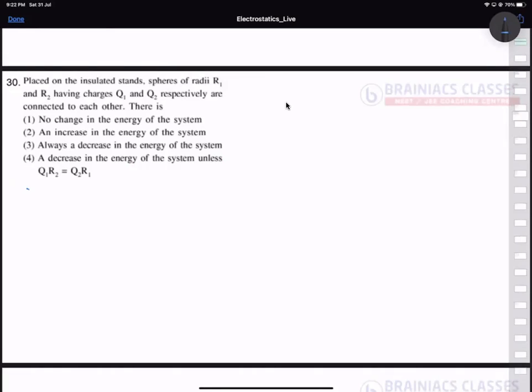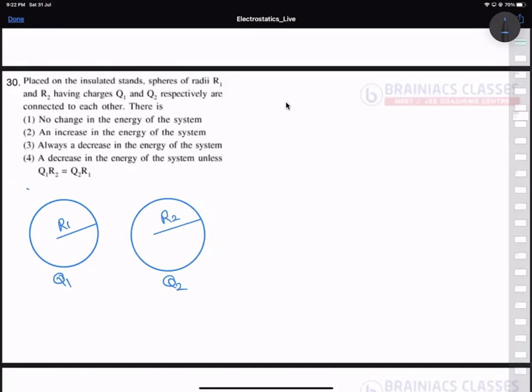One sphere has a radius of R1, and let's have another sphere which has a radius of R2. Now these two spheres have charges Q1 and Q2 respectively and are connected to each other.